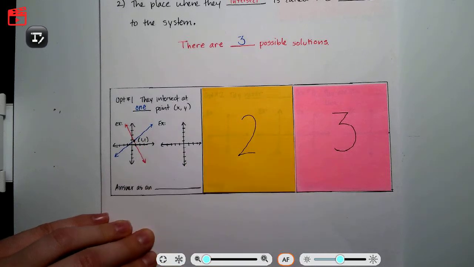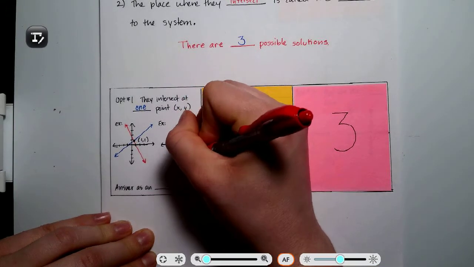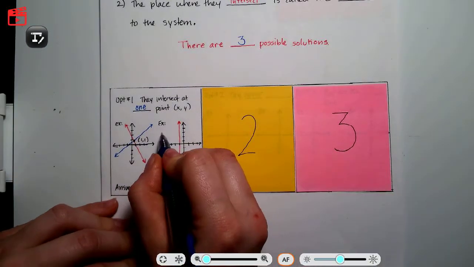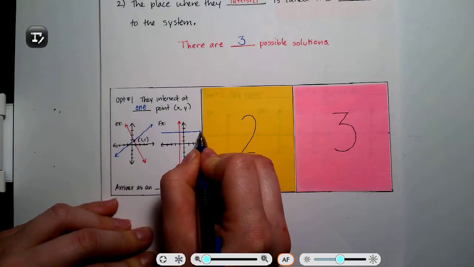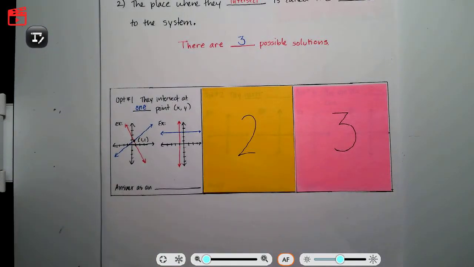Let's take a look at another example for our first option of intersecting at one point. Maybe we have a vertical line and then a horizontal line. So here's my system. Go ahead, pause the video, see if you can find the solution for this example.